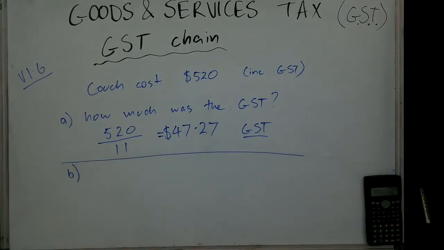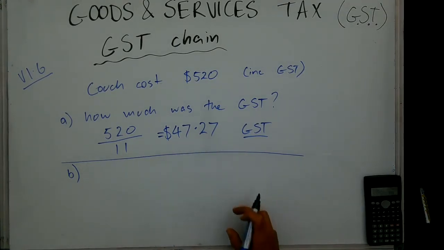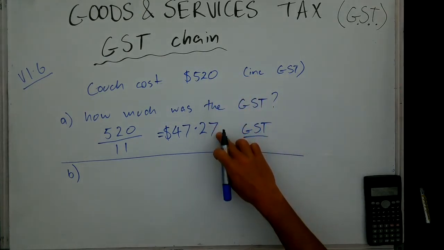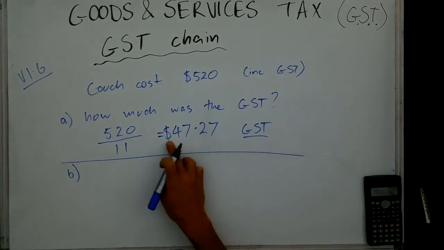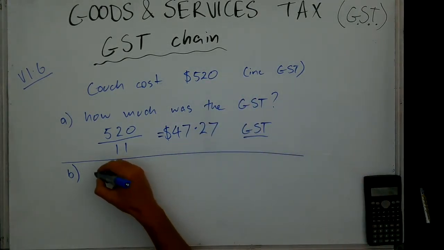The second part of this question, how much did the couch cost the retailer after claiming GST credit on the purchase? So essentially that's just a fancy way of saying this number, take away that number. Because this includes the GST, and if this is what they're claiming back, then it's 520.